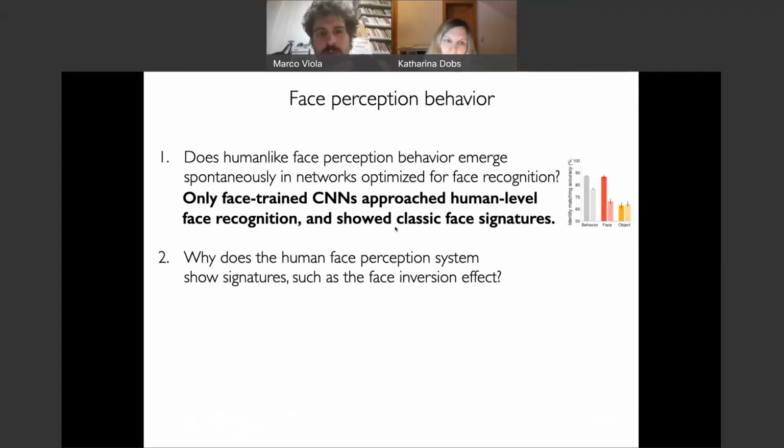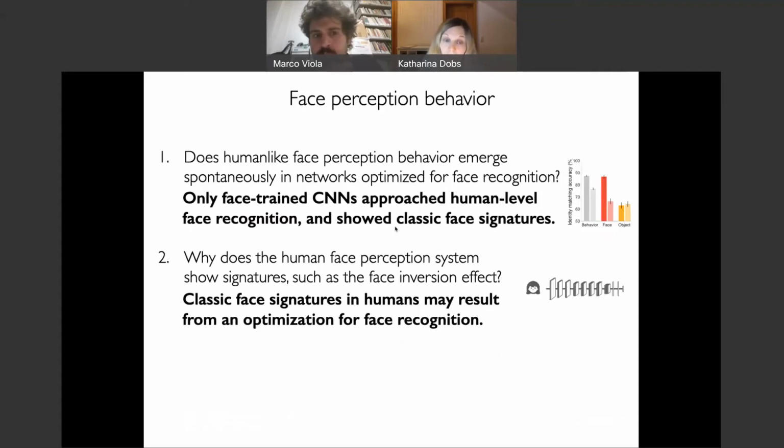And we think these results can also tell us something about why the human face perception system shows these signatures, such as the face inversion effect, because these classic face signatures in humans may actually result from an optimization for face recognition. So it seems like if you have a system, whatever system it is, be it artificial, be it the human brain, that's trained to recognize faces, these classic signatures emerge as a byproduct of the optimization to recognize faces.